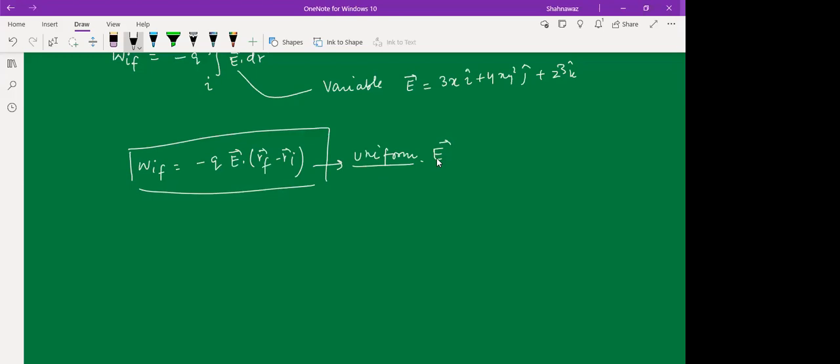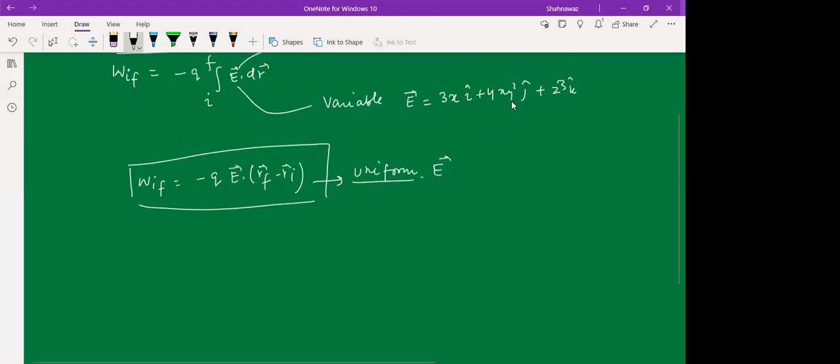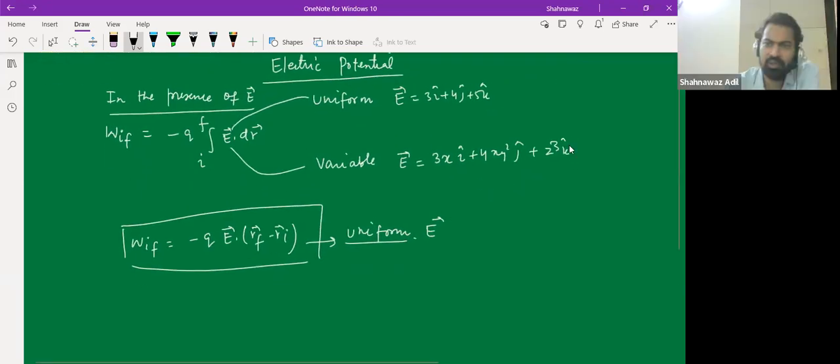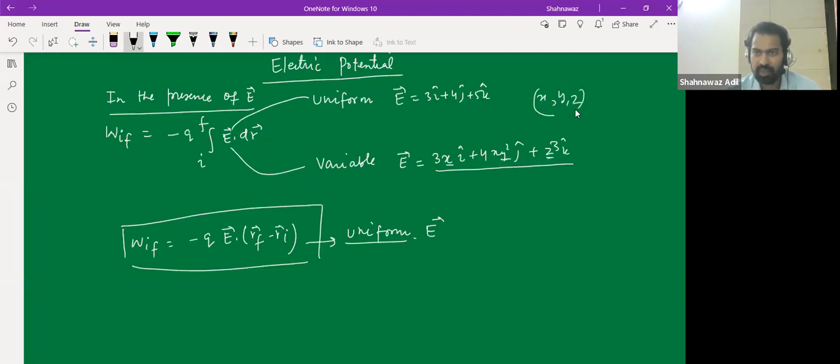And then for the variable field, it is 3x i cap, 4xy square j cap plus z k cap. So I just took some variables. You can see that this is dependent upon x, y, and z. So whenever I change the position x, y, z, my electric field will change.